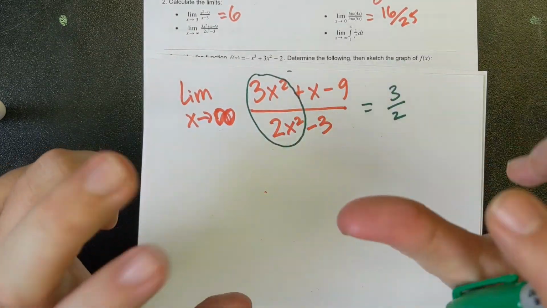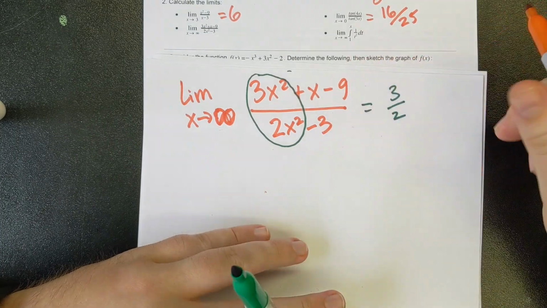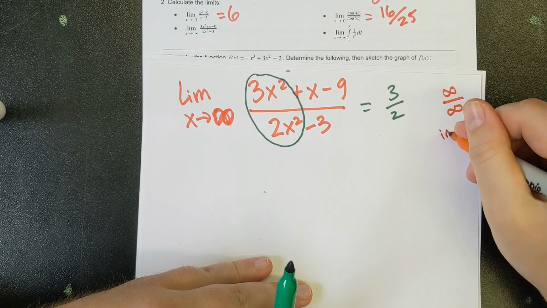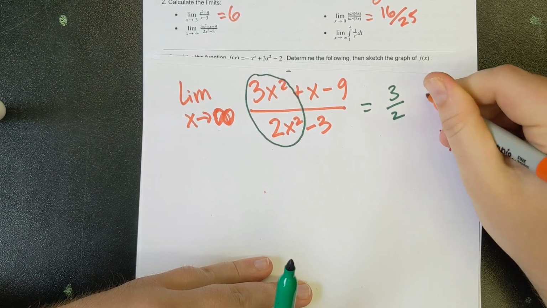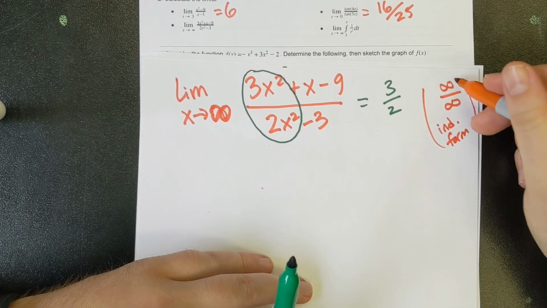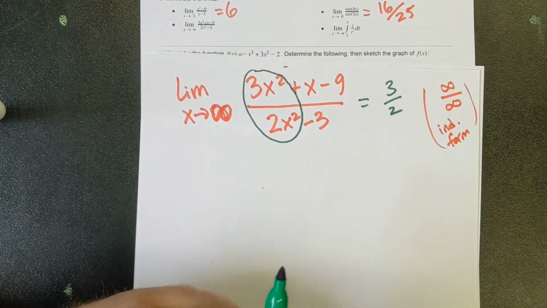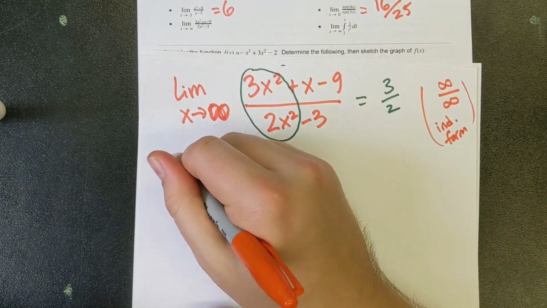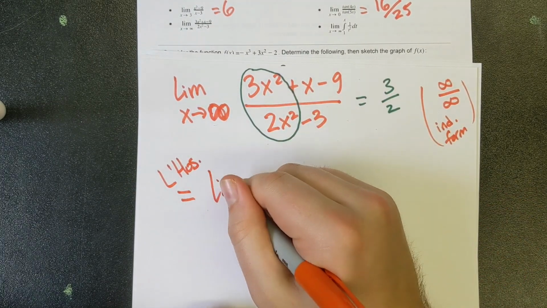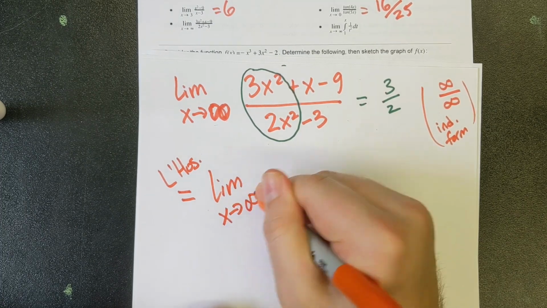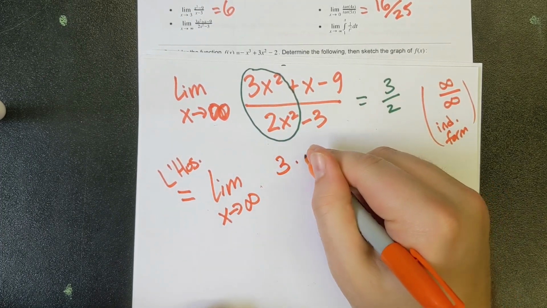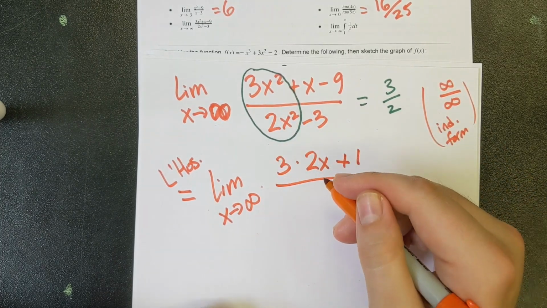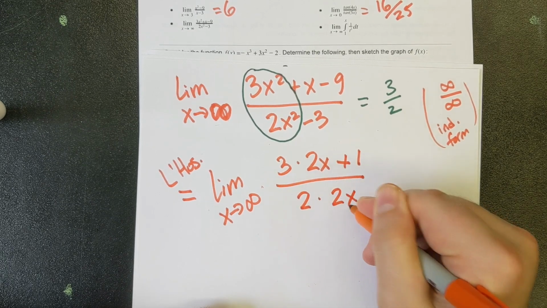Because if you try to plug in infinity, on top you would be getting infinity, on bottom you'd be getting infinity. So that's an indeterminate form. That's one of the two forms that calls for L'Hopital's rule, infinity over infinity and 0 over 0. And so you could L'Hopital this guy, and you could say, by L'Hopital's rule, this is the same thing as the limit of the derivative of the top, which is 3 times 2x plus 1, over the derivative of the bottom, 2 times 2x.